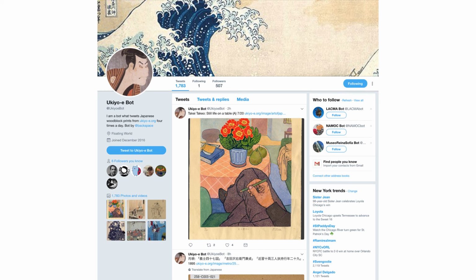It tweets out prints from the ukiyo-e database, a couple a day, and people love it. There are currently over 500 followers, and people are retweeting this and spreading it all around. We find this to be a very fun way to get additional people engaged and get them looking at prints they never would have seen otherwise.